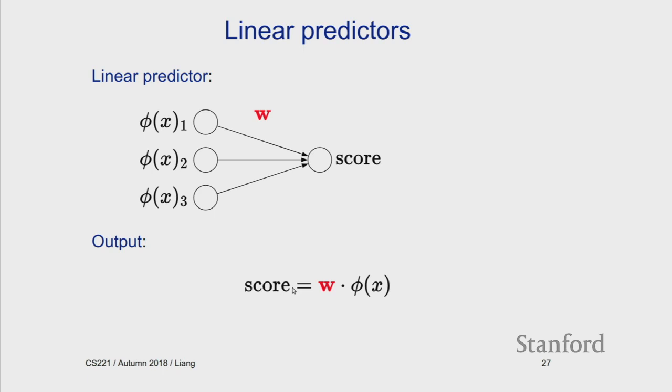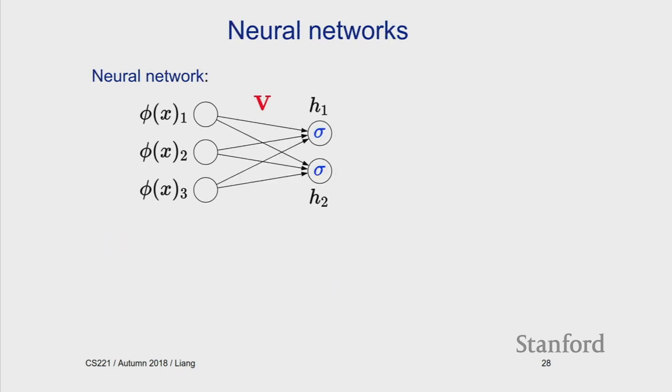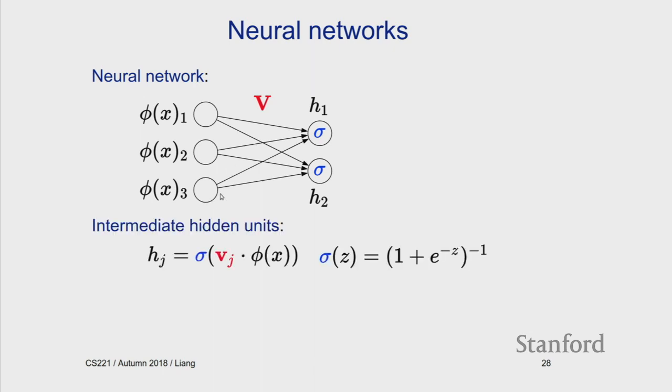And a 2-layer neural net is going to be represented as follows. You start with the same feature representation. Now you first compute these intermediate units, hj. Here are 2 possible intermediate hidden states, which is the same thing that we saw before.